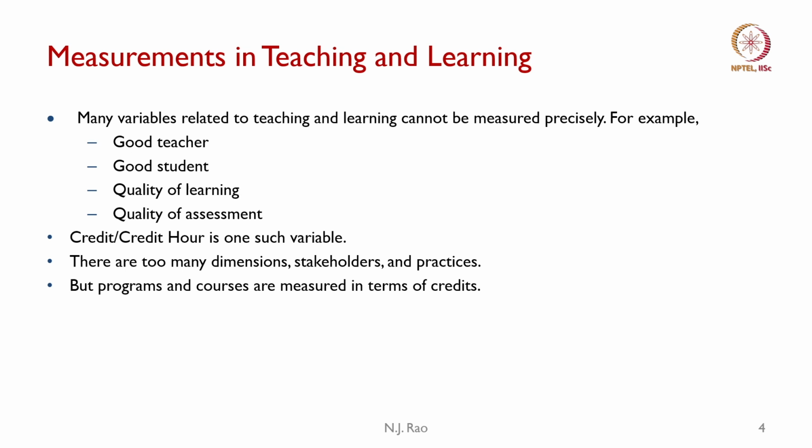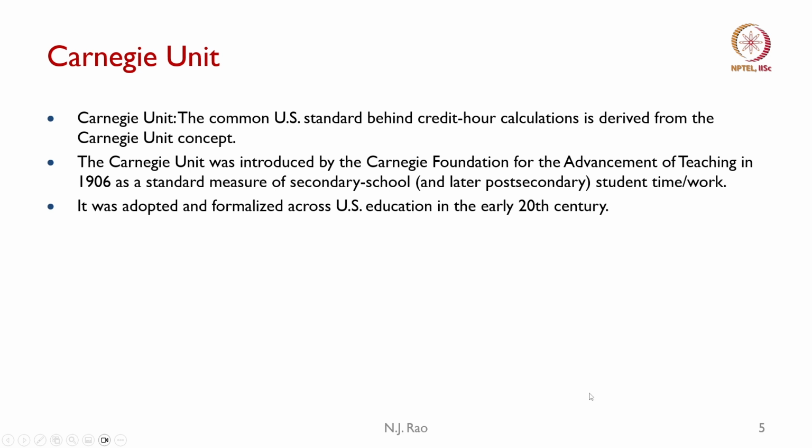But right now, anywhere in the world, programs and courses are measured in terms of credits. So let us take a look at where the word credit came into picture and how it was defined. The origin of this is the Carnegie Unit. The common US standard behind credit hour calculations derived from the Carnegie Unit concept.